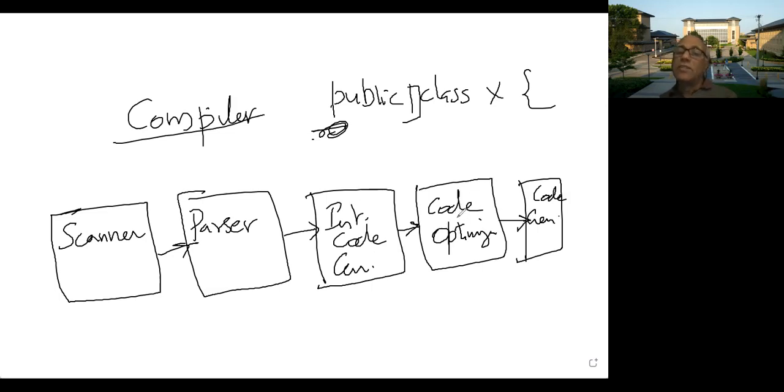And then after optimizing the intermediate code, the more efficient code is converted into machine code, whether it is a Java virtual machine or an Intel chip, it doesn't matter. That intermediate code is converted to the appropriate machine code. And then that is what gets executed. And there may be other things that happen. You might have to link other libraries with your program, so there might be a linker.